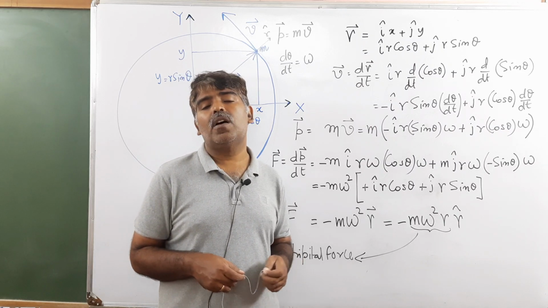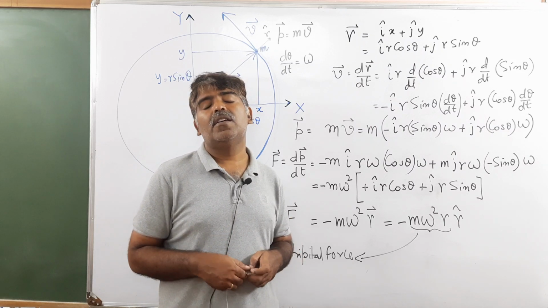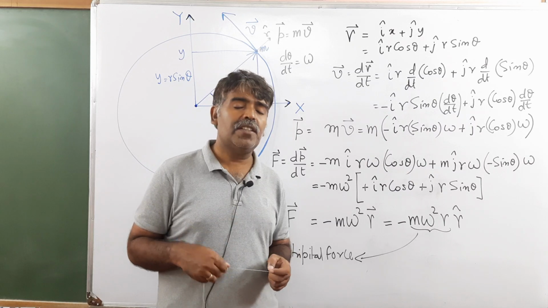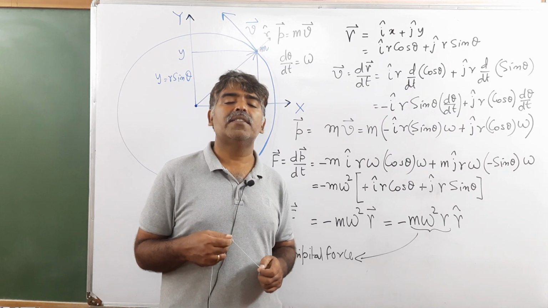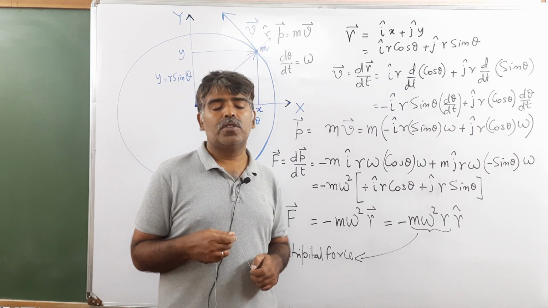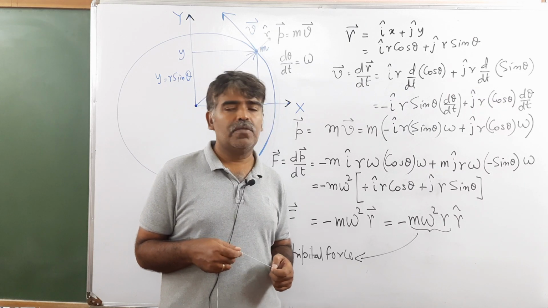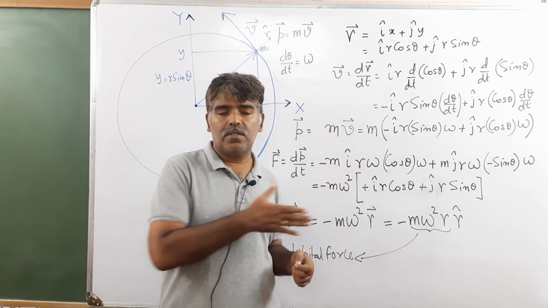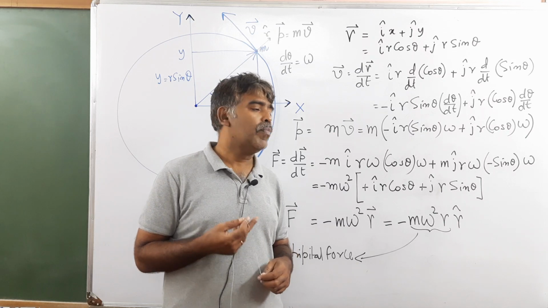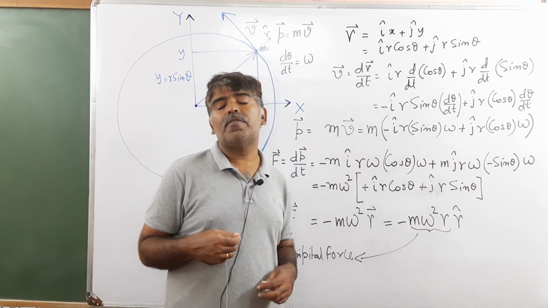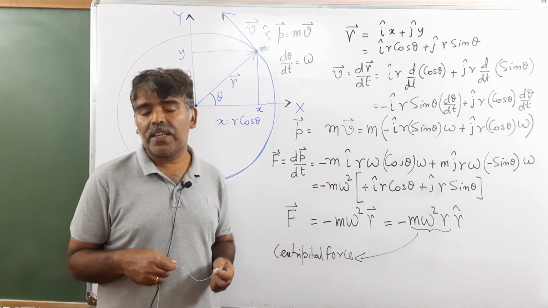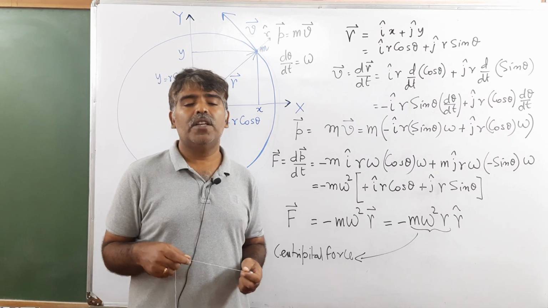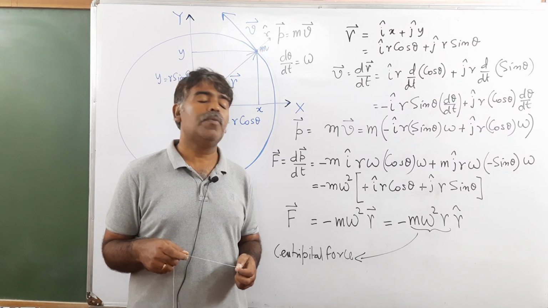There are a lot of cases where friction acts as a centripetal force, most of the cases where the car turns. And there are a few other cases where banking is done to generate a centripetal force.